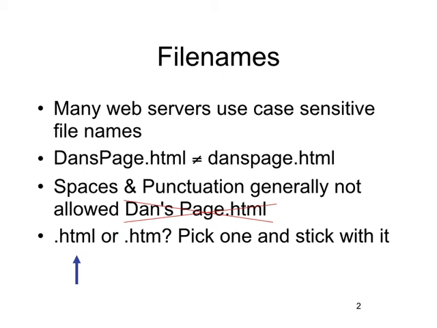So as a rule, you should pick one and stick with it. So you should either pick HTML or HTM and then go with that. The cool people do HTML. And generally what people do is they go with all lowercase .html. If you just do that all the time, you don't have difficulties when you upload your stuff to the web.